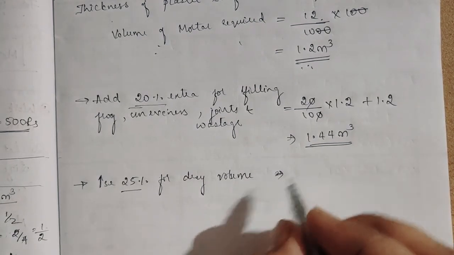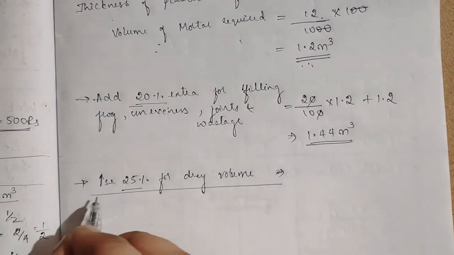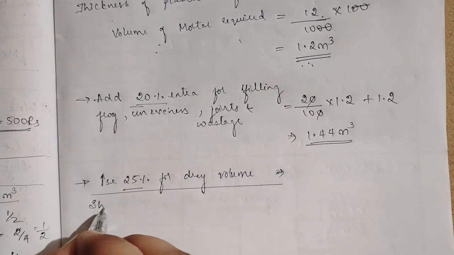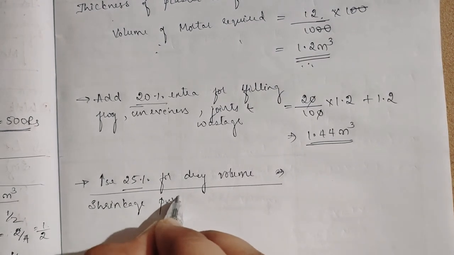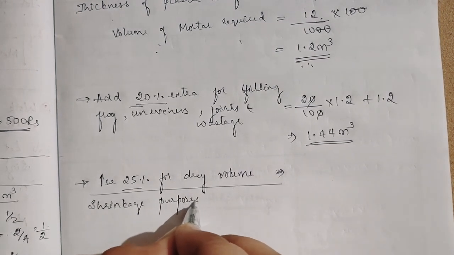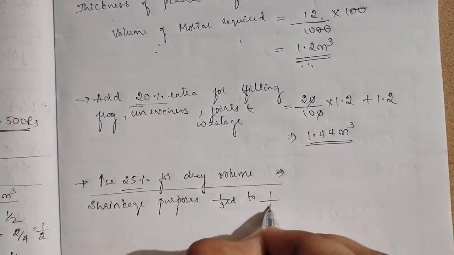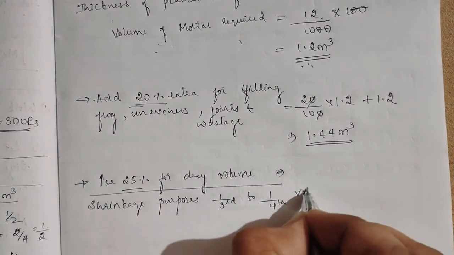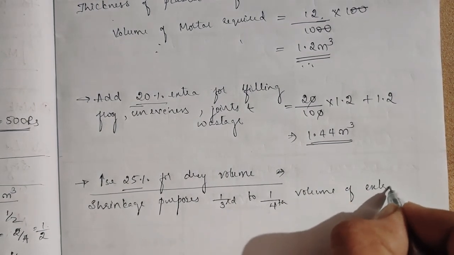For shrinkage purposes, 1/3 to 1/4 volume of extra material.